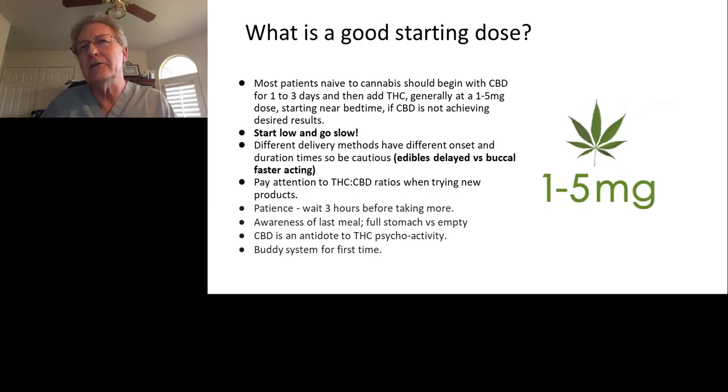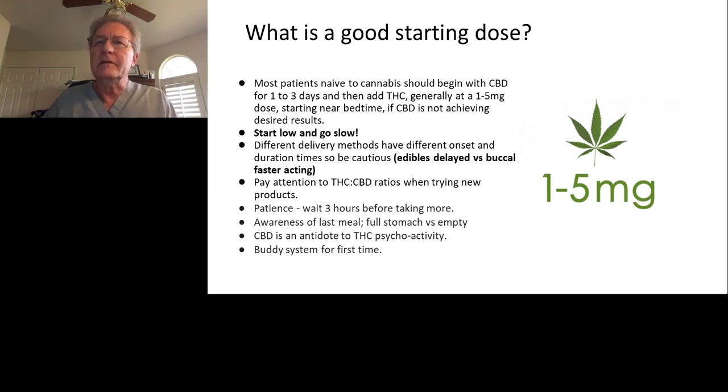So what is a good starting dose? Most patients naive to cannabis should begin with CBD for 1 to 3 days and then add THC, generally in the 1 to 5 milligram dose, starting near bedtime, if CBD is not achieving the desired results that the patient is looking for.